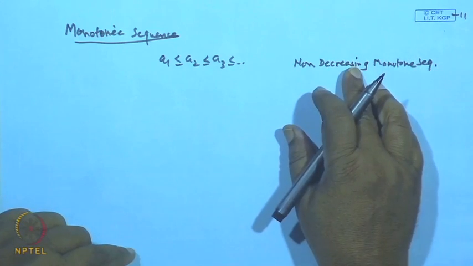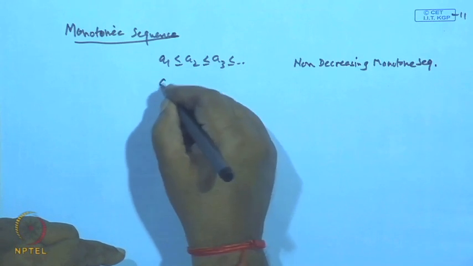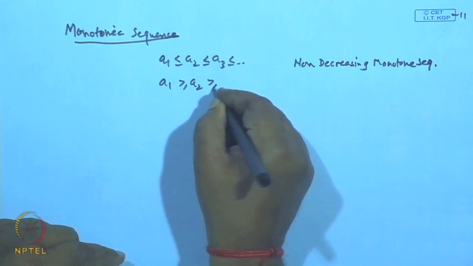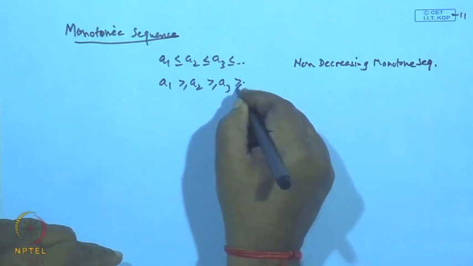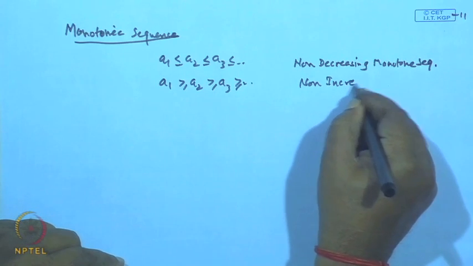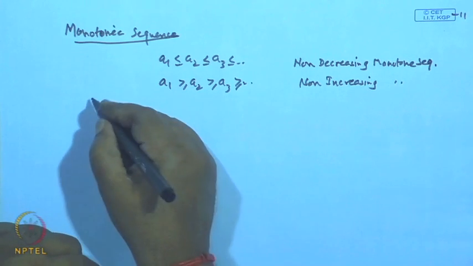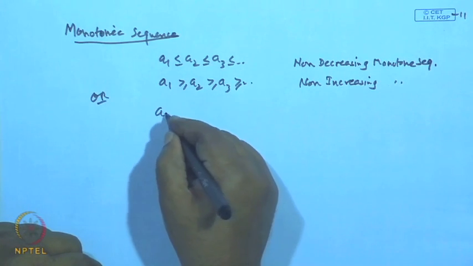It keeps increasing, but may be constant also. Or a 1 greater than or equal to a 2 greater than or equal to a 3, and this is called a non-increasing monotone sequence.